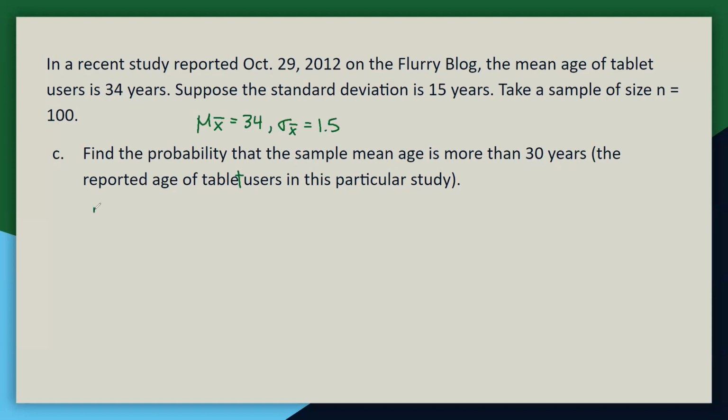And they say find the probability that x is greater than 30. They specifically say the probability that the sample mean is greater than 30. So that's an x bar. And when we draw our picture, we're drawing that same picture from the last slide. The peak is in the middle at 34, and we're counting by 1.5.